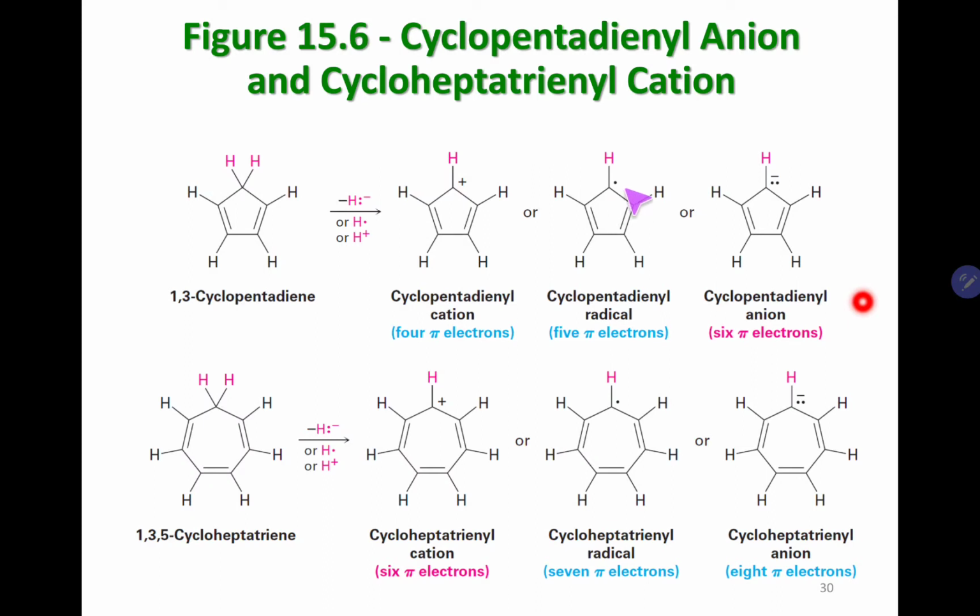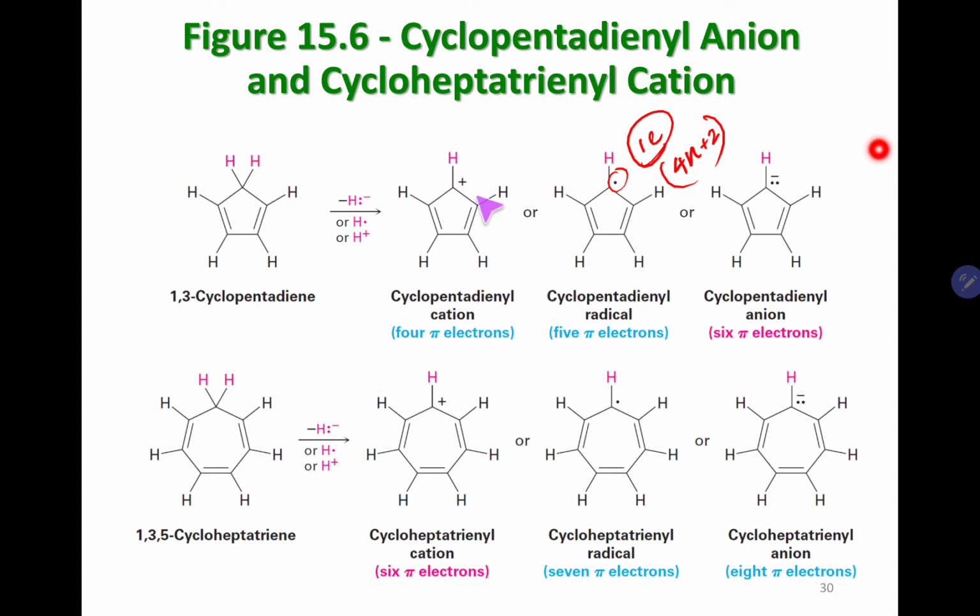But here's the thing, a radical counts as 1 electron. The thing about radicals is that they have a hard time fulfilling the 4n plus 2 rule. Unless you have 2 radicals in your structure, they will not be aromatic easily.